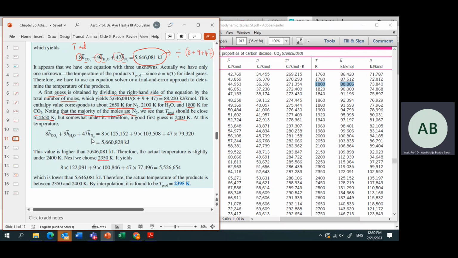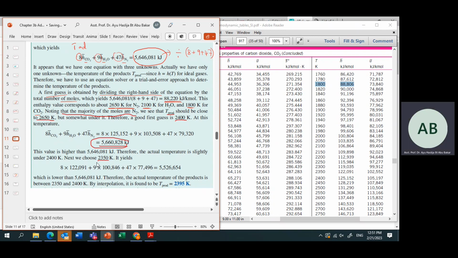So find the enthalpy at that specific temperature, where this is the total enthalpy at 2400, and this total is slightly higher than the original total enthalpy. Since it is higher, the second guess temperature should be lower.